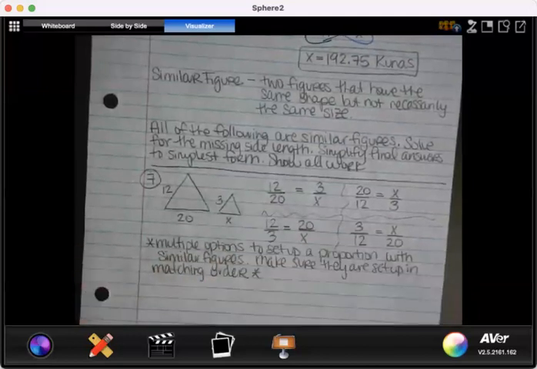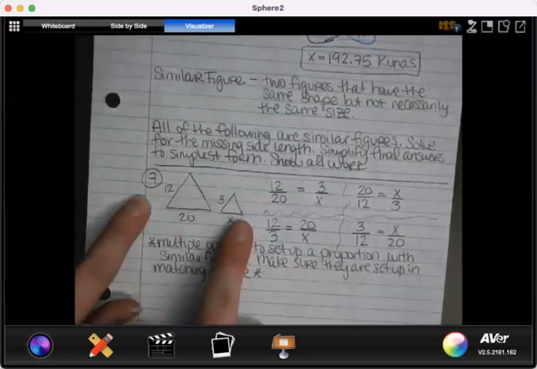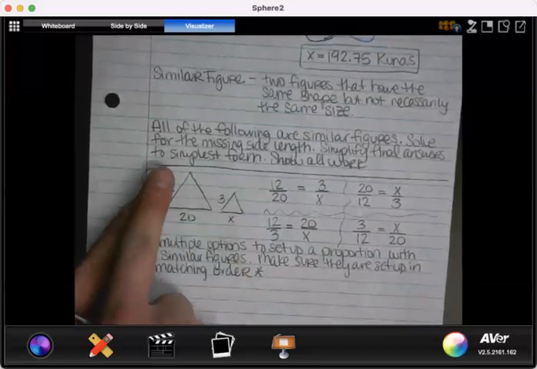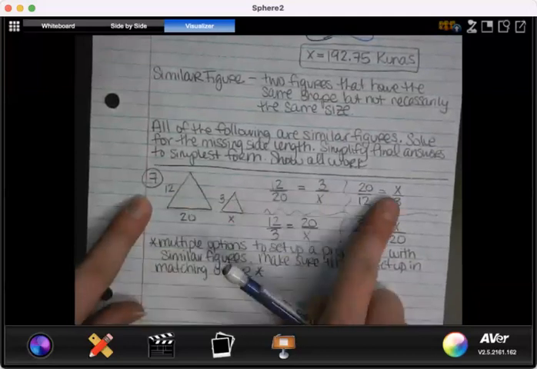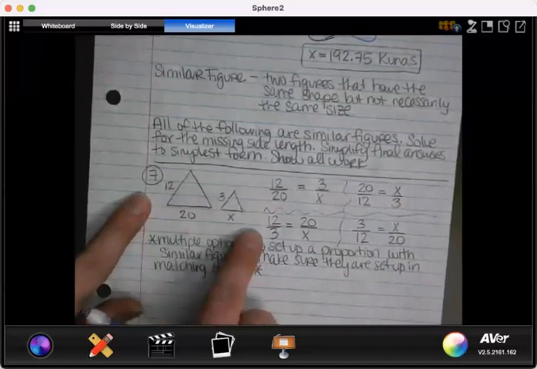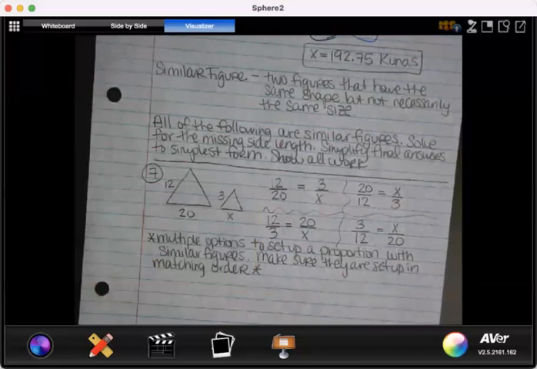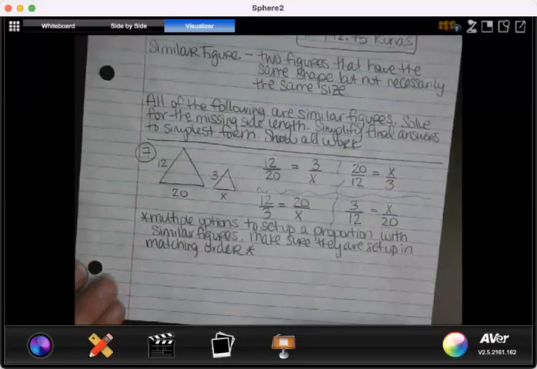Meaning, I would not have the side of the big divided by the little base. That wouldn't make sense. So you either have the first triangle compared to the second triangle, like we did on top, or you could have the side compared to the base of big and small at the same time. But go ahead and pick one of them and we're going to solve.